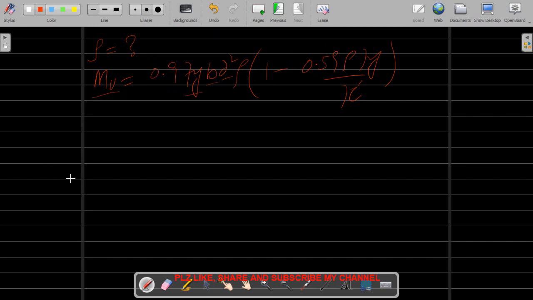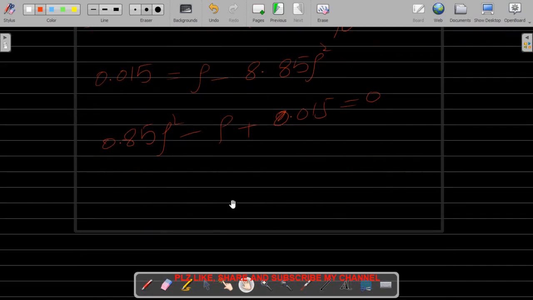So from this, if we plug in all the values, we get 0.015 equals rho minus 8.85 rho square. So we get a quadratic equation, and we clearly see A equals 8.85, B equals -1, and C equals 0.015.